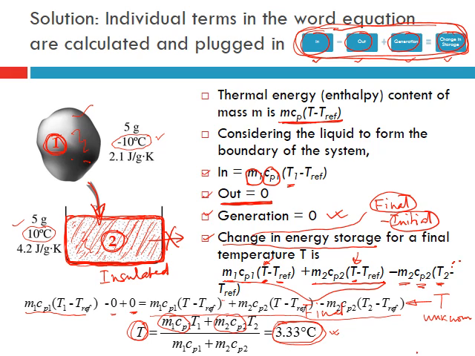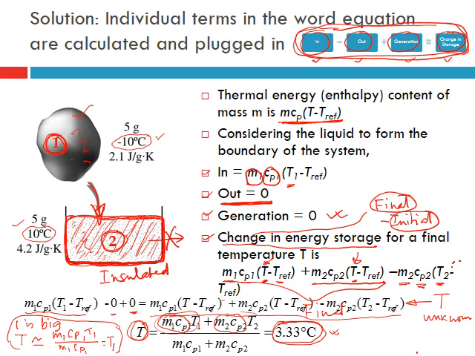Okay? If one is very big, or has a very large mass, then the first term would be so much bigger than the second. So we can ignore the second one in reference to the first, and so the temperature is going to be M1 Cp1 T1 over M1 Cp1, which is T1. Does that make sense?